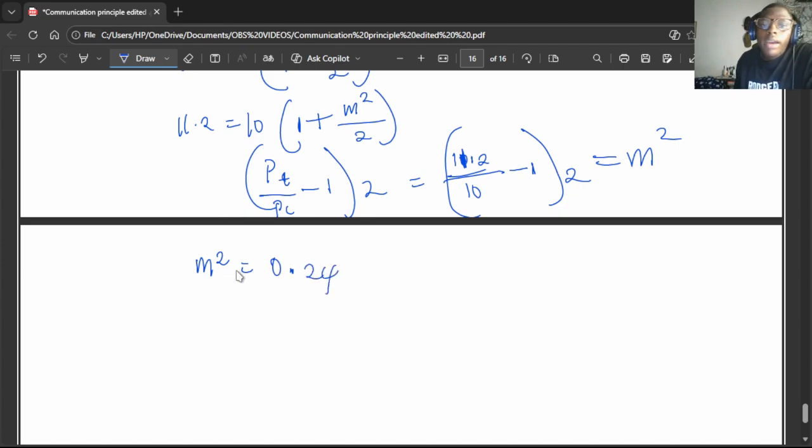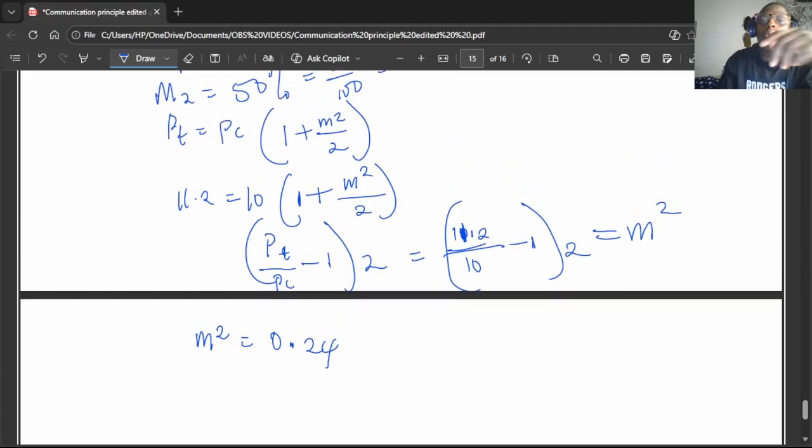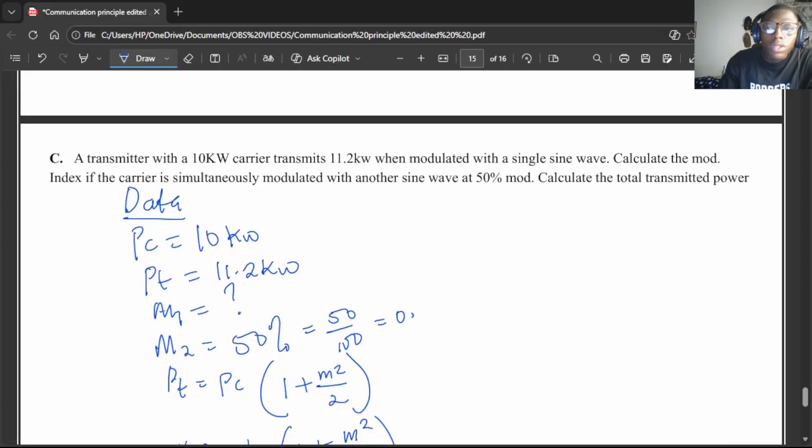0.24. Now remember, we are not going to square this. Why we are not going to square this is because of what we are given here. They said: modulating power of a single sine wave.